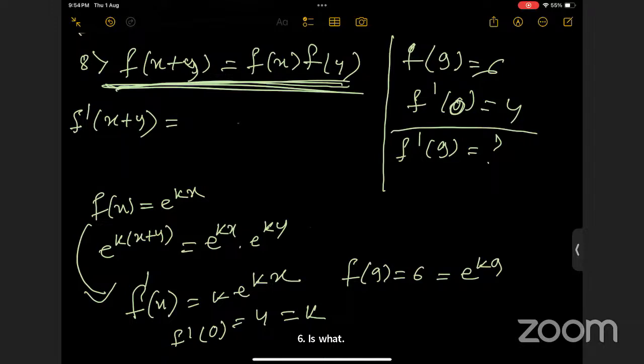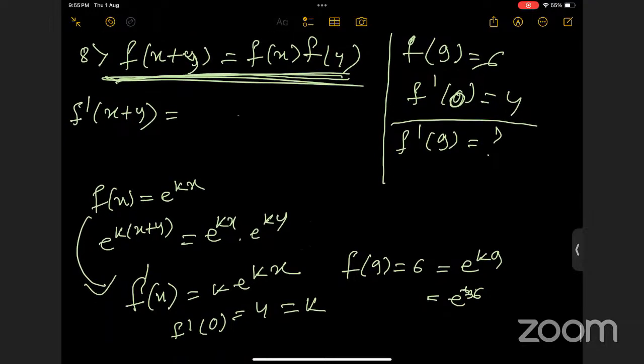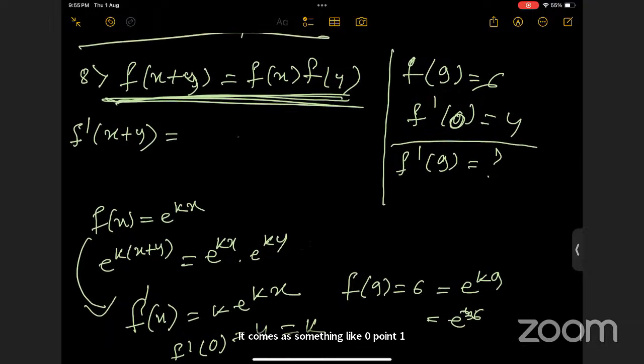K is to be 4. It's not e power 36. It comes as something like 0.19. Here we have to take log on both sides.